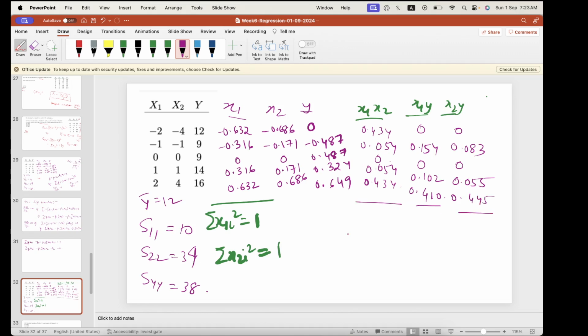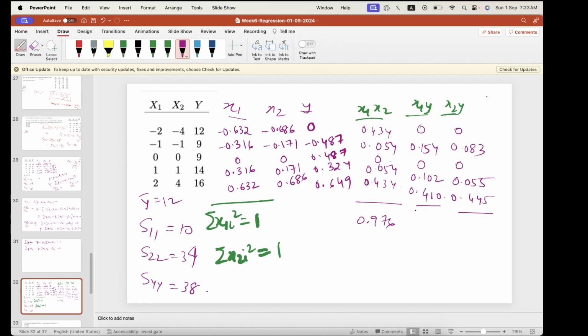So sum of x1 x2 would be 0.434 plus 0.054 plus 0.054 plus 0.434. So this is 0.976. x1 prime y is how much?